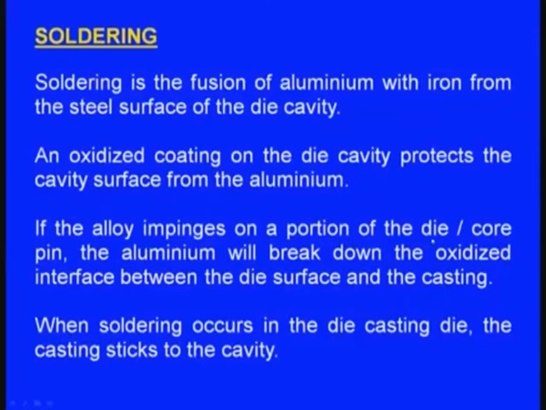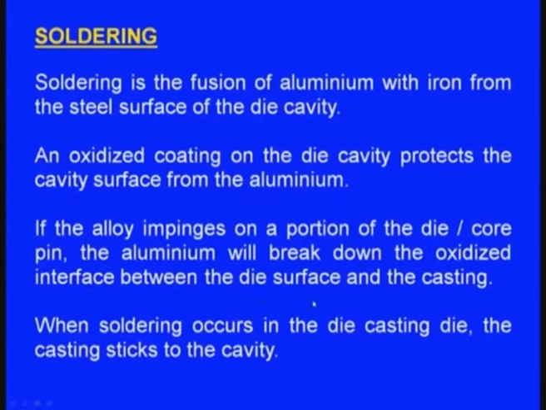A portion of the die core pin, the aluminum will break down the oxidized interface between the die surface and the casting. Now, if the molten metal comes and impinges on the steel blocks, what will happen? Because of that, the oxidized coating will be broken. That time the cast metal, the aluminum, may react with the iron in the steel blocks or the iron in the steel dies.